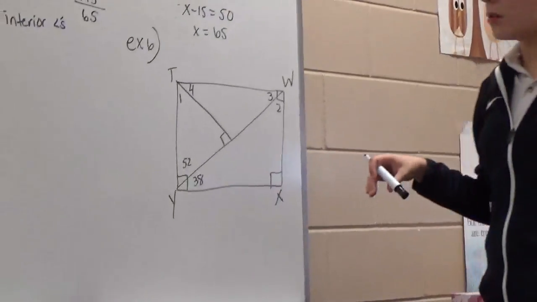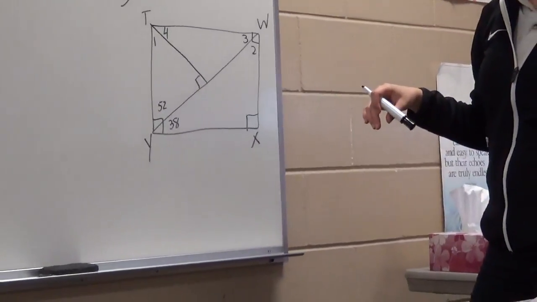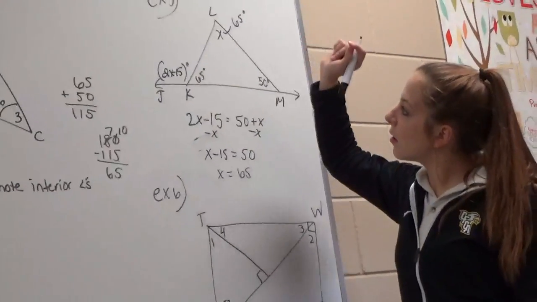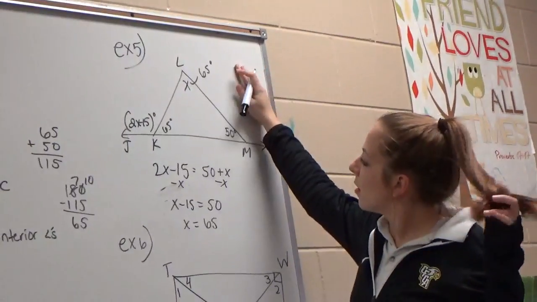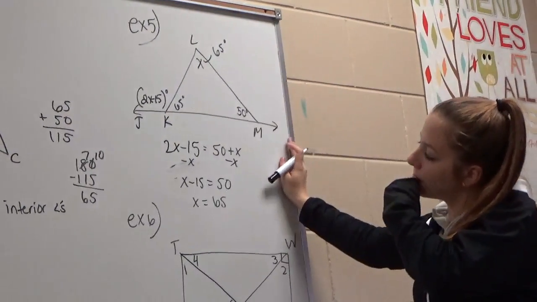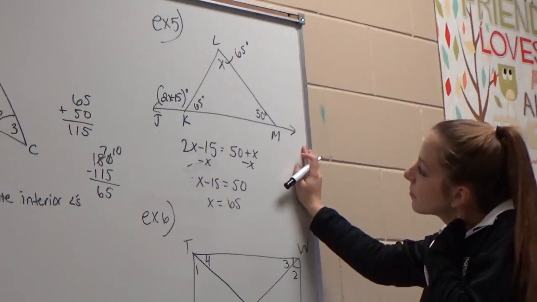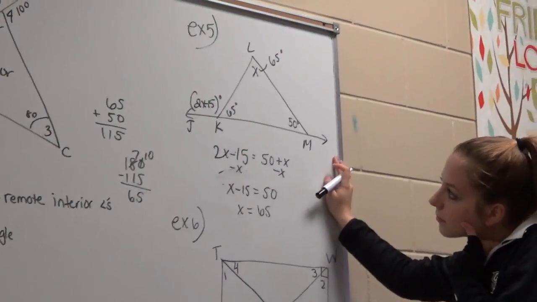You actually had to figure out 2x minus 15, that angle right there. But if you just add the 65 and the 50, you know that's what they equal, because the exterior angle JKL equals angle KML plus angle KLM.